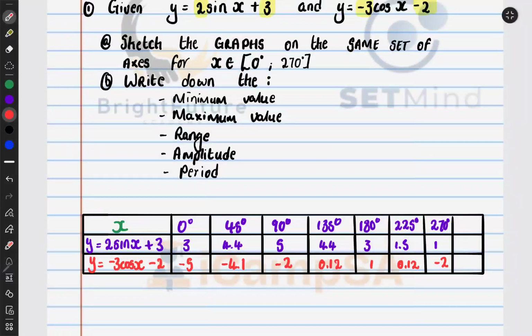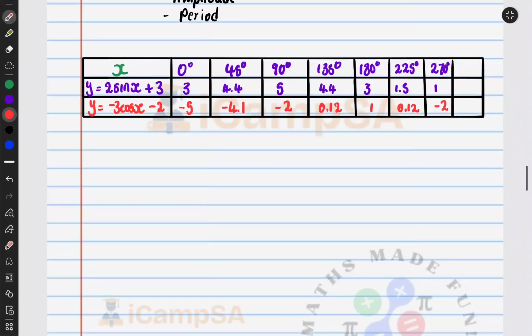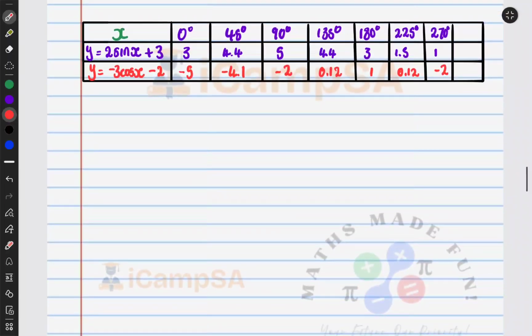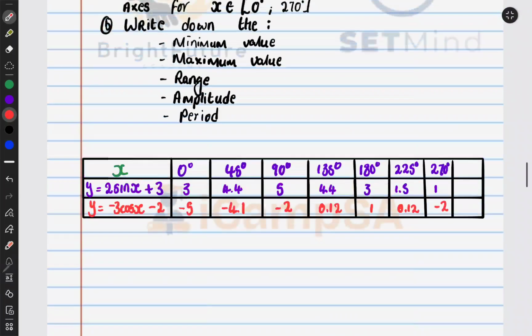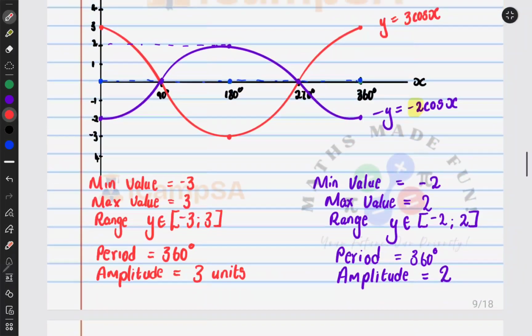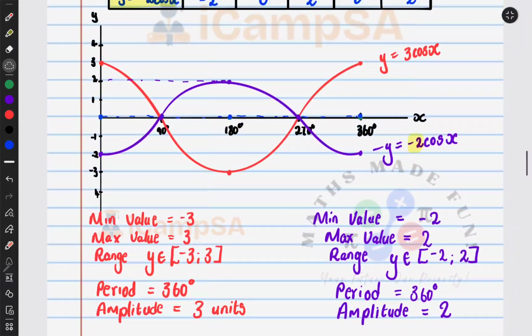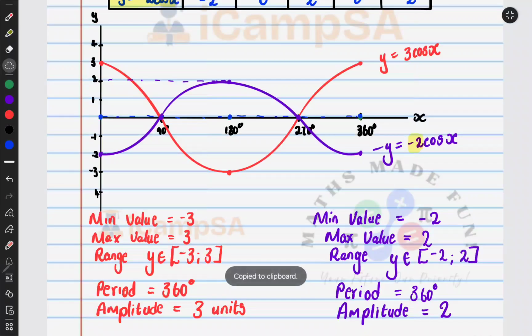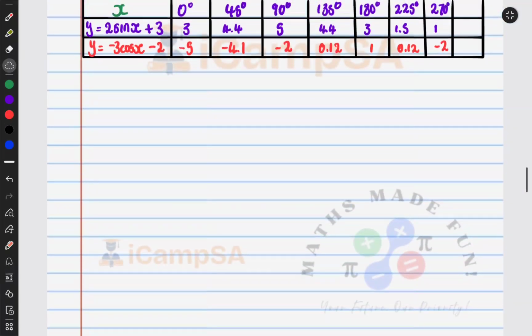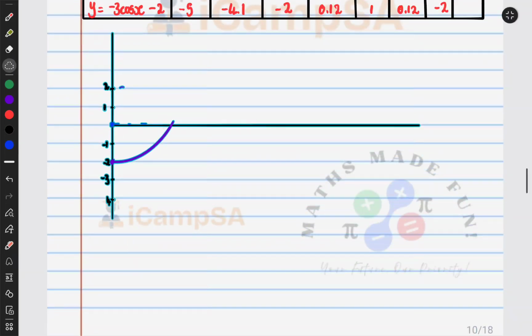Okay, now that we have those, we can go ahead and sketch. Let's plot our points. Let's get the Cartesian plane. Copy. We are here now. Paste.